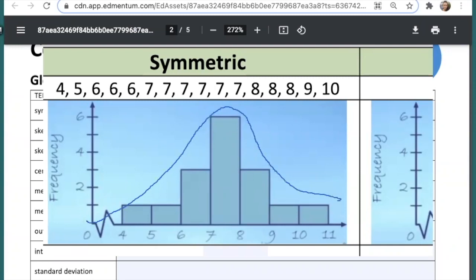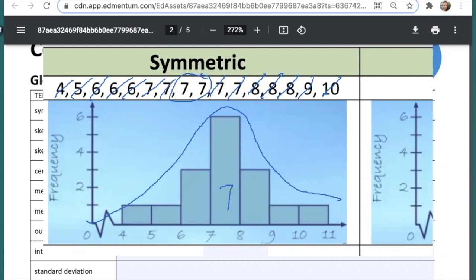If I were to cross out the numbers on each side to get to the number in the middle, I could also count and do that, but basically the number in the middle is 7. So the median is 7.